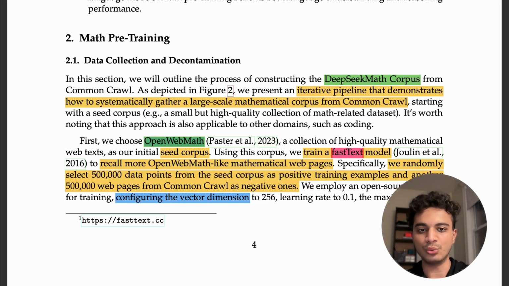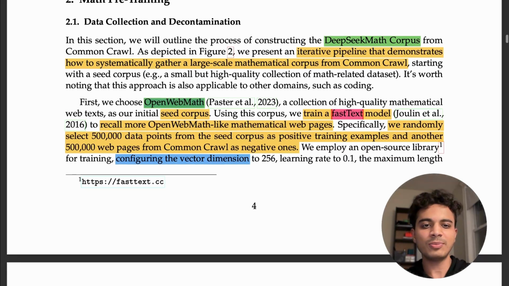So that's already huge. And just because it's high quality does not mean it's perfect. There could be a lot of problematic tokens as well. So they train a fastText model, and it's linked here, fasttext.cc, to recall more OpenWebMath-like mathematical web pages.